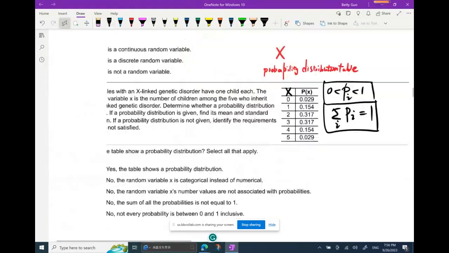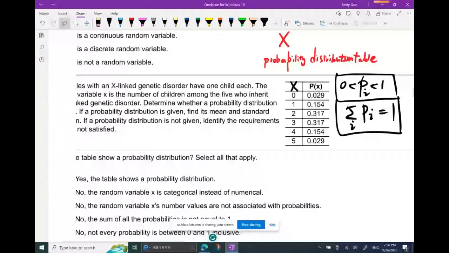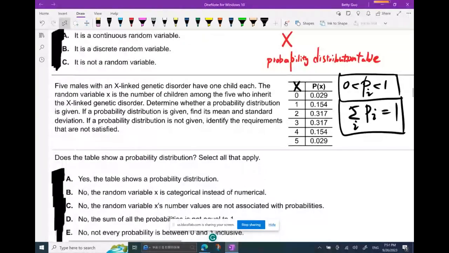look at this question. What kind of random variable do we have here? 5 males with an X-linked genetic disorder have one child each. Seems very complicated. The random variable X is the number of children among the 5 who inherit the X-linked genetic disorder.